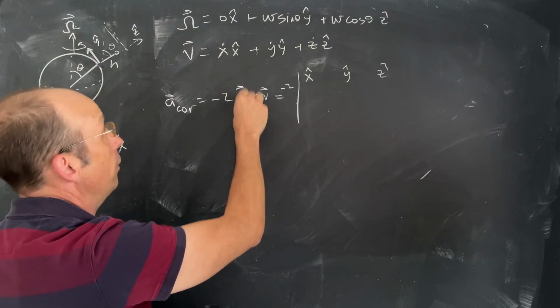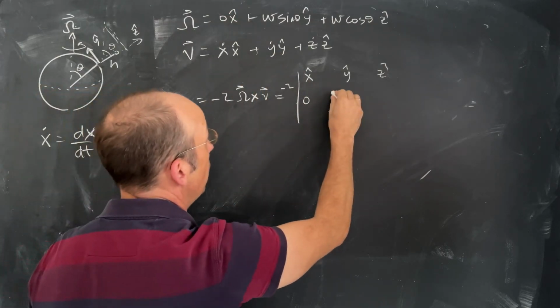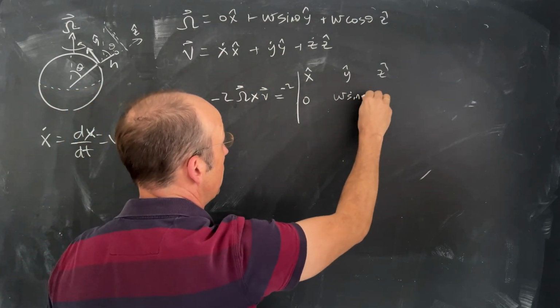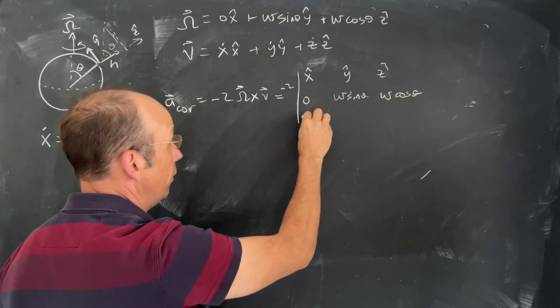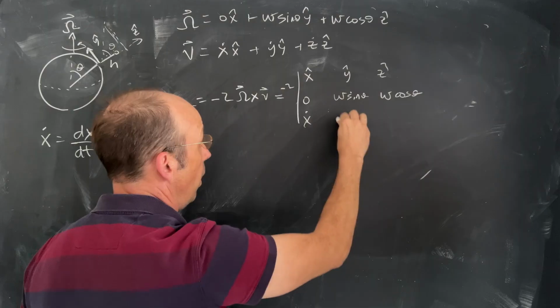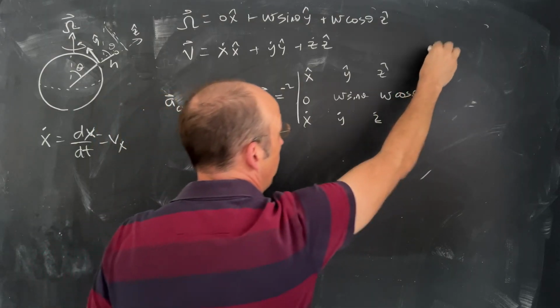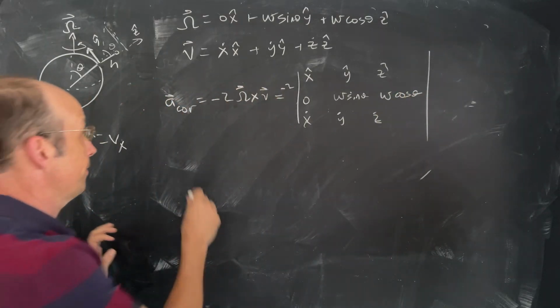My omega values are 0, omega sine theta, omega cosine theta, and then my velocity values, x dot, y dot, z dot. Now I just need to take the determinant of that matrix.